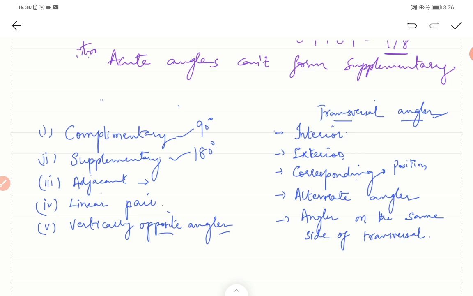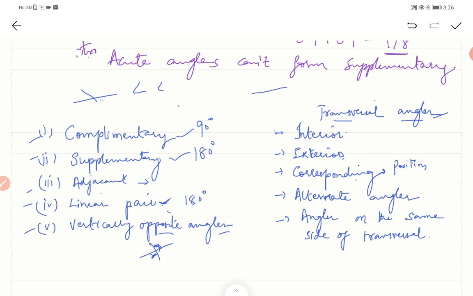A linear pair forms when two adjacent angles sum to 180 degrees. Vertically opposite angles are these two angles, exactly opposite to each other. So these were the different angles we studied when two lines intersect.